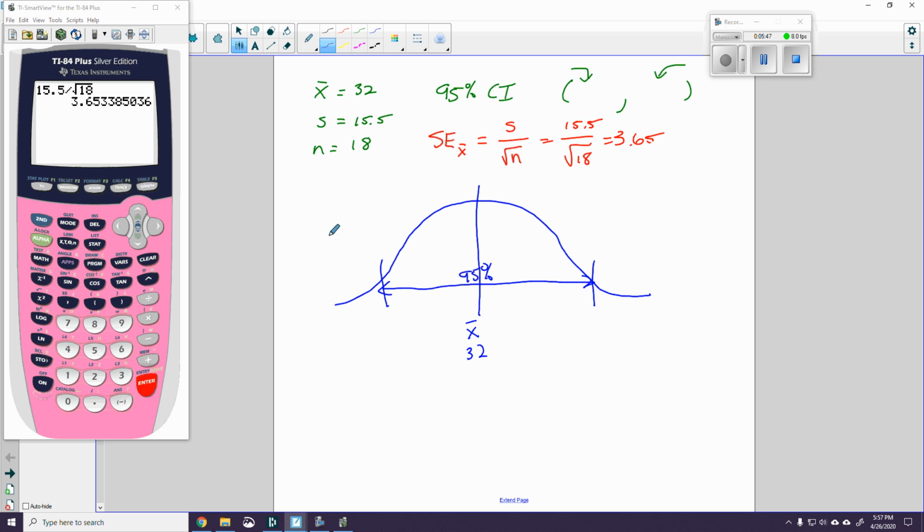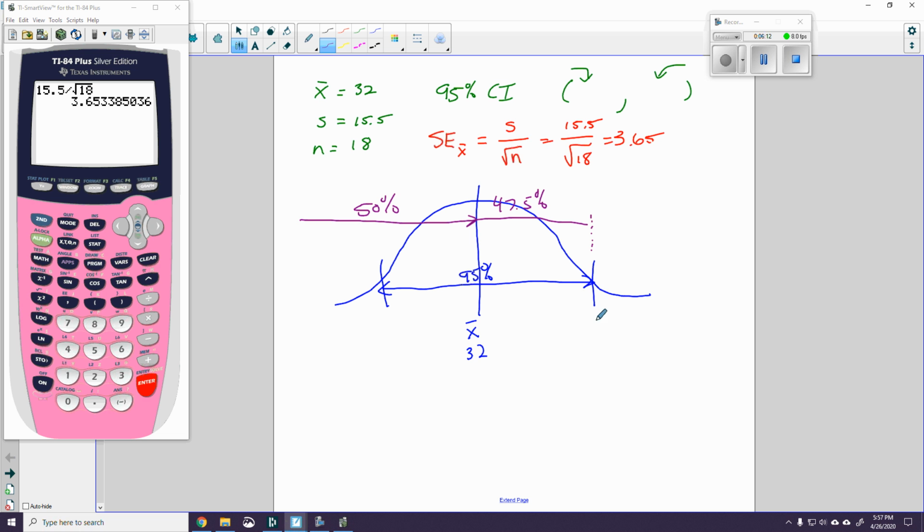I know that if I was way over here and went right to the middle, that would be 50% of my data. Well, to get from here over to here, I know that this is 50%. Half of 95 is 47.5%.